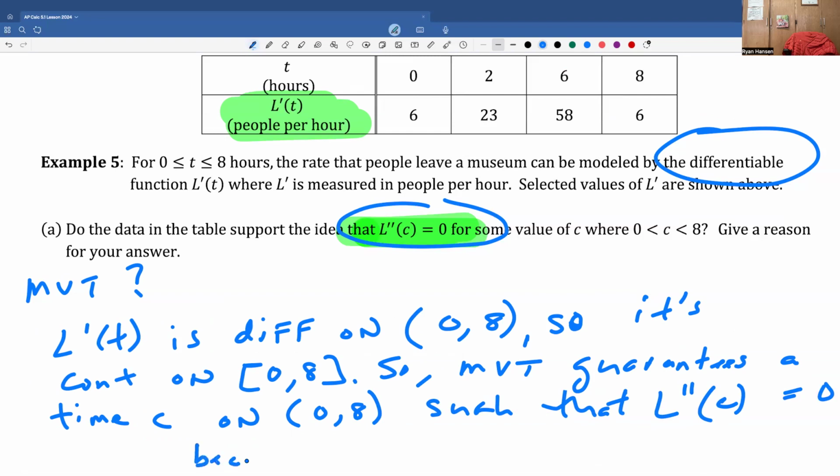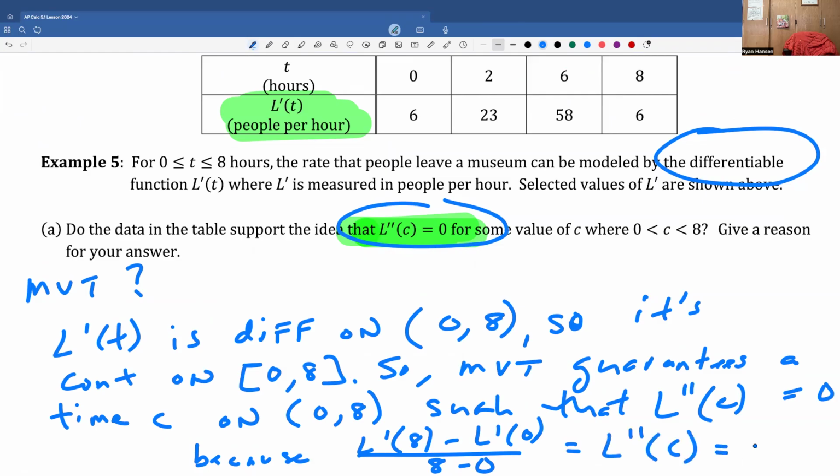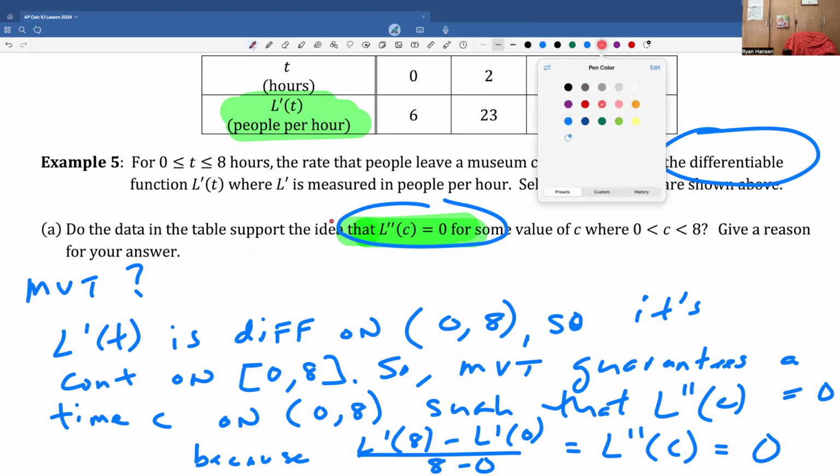Okay, you could put because L prime of rate of change equals the instantaneous rate, both equal 0. However, I cheated because we never showed that. Did we ever show that?